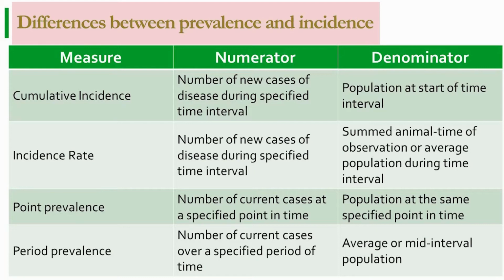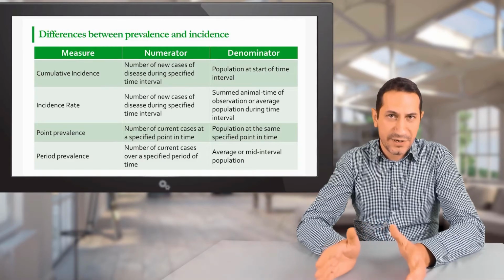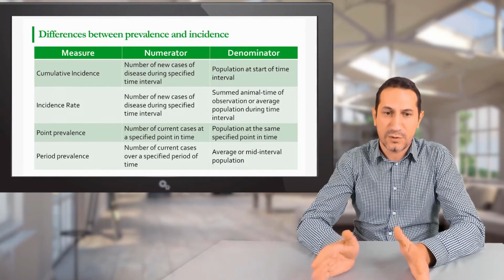Meanwhile, in the denominator, the difference basically lies in that, in the incidence rate, the time component is included, and therefore it's the sum of all animal time of observation period during the study we followed up.